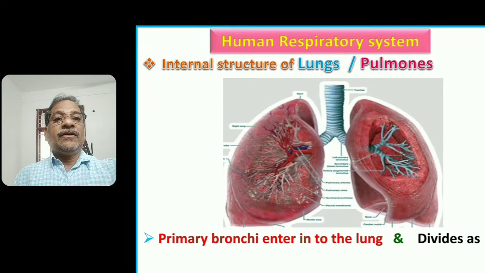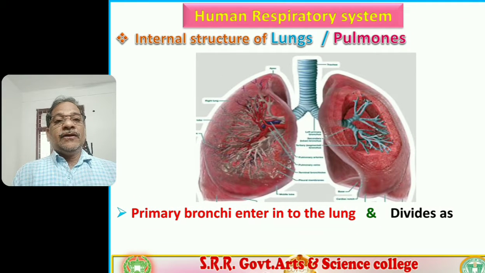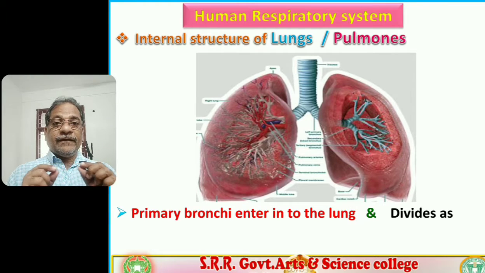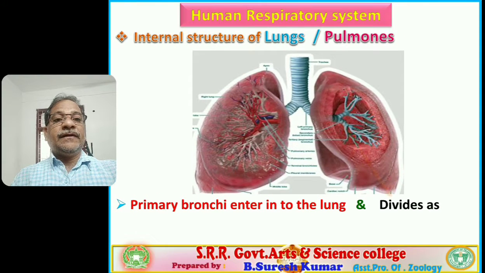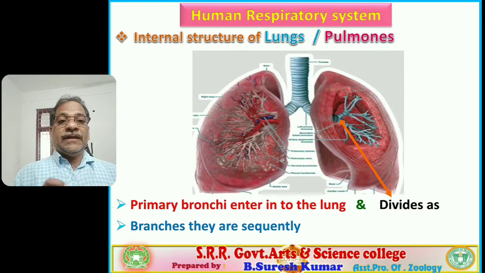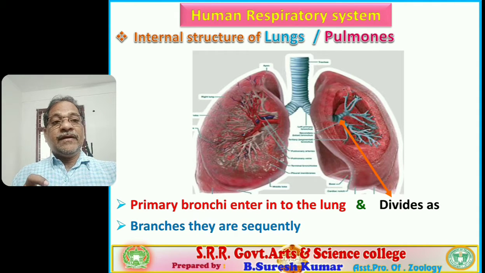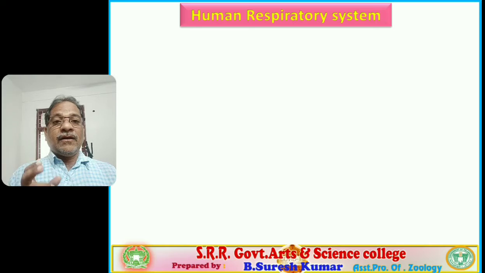The primary bronchi, where the trachea bifurcates and divides into two branches, are called primary bronchi. The primary bronchi enter into each corresponding lung and divide into many branches.